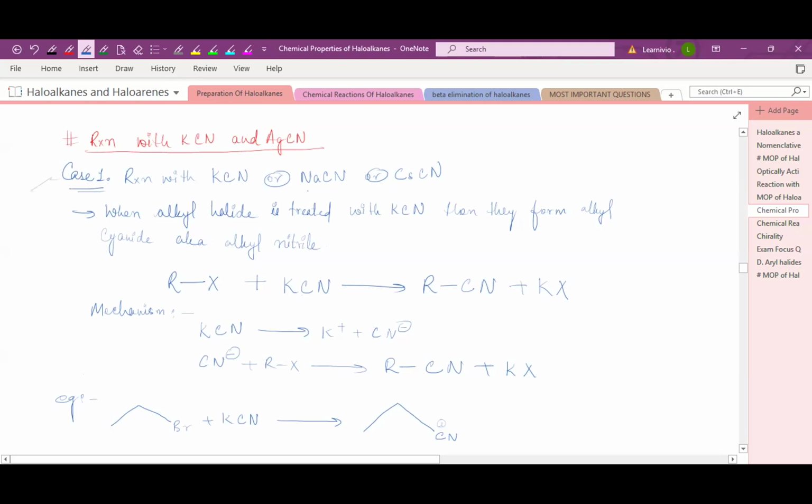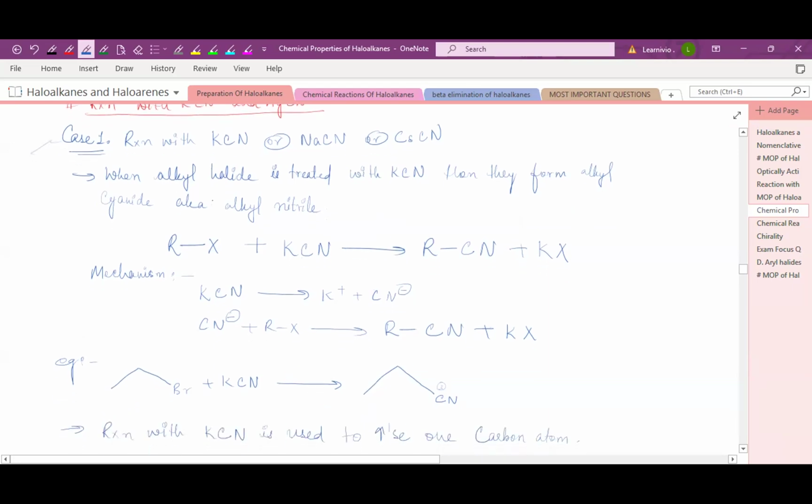Instead of potassium you can also take sodium cyanide or cesium cyanide. In all these cases, the product will be RCN, which means the attack will be from the carbon side, not from the nitrogen side. The nucleophile will attack the substrate, the alkyl halide, from the carbon side. Just keep this in your mind. Clear?